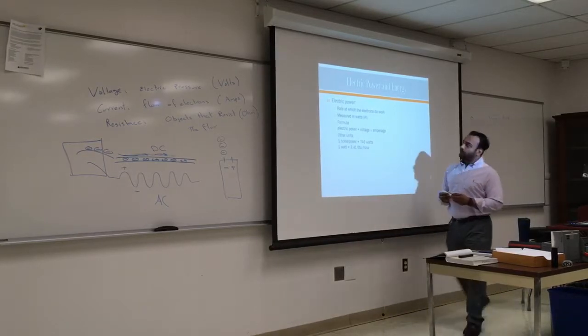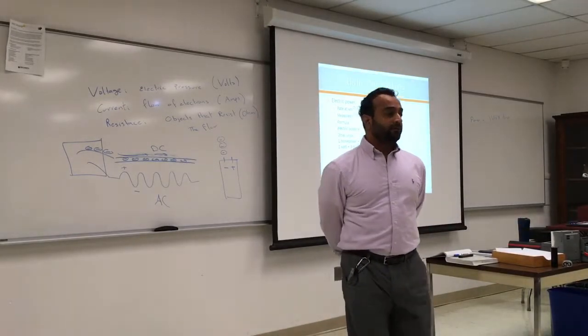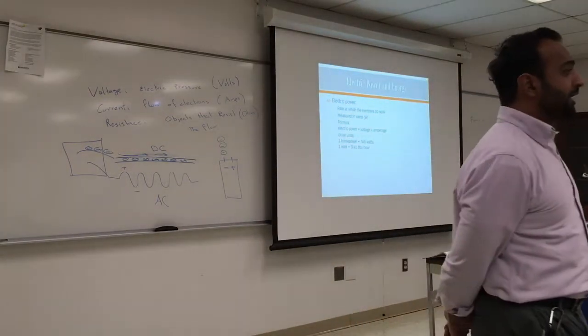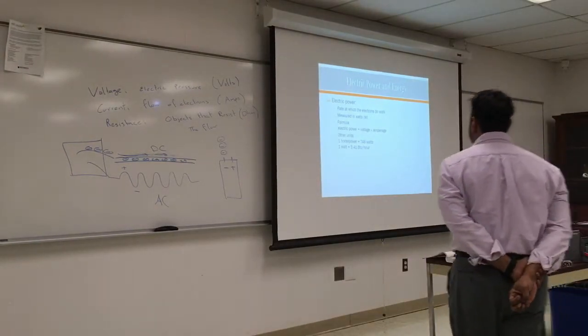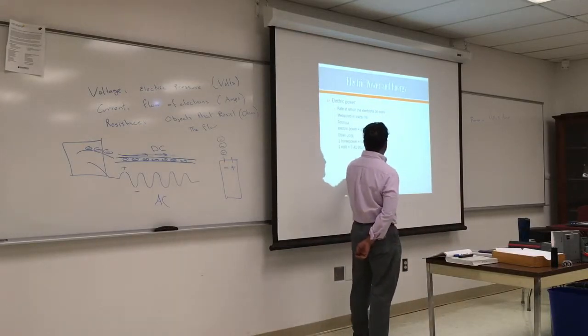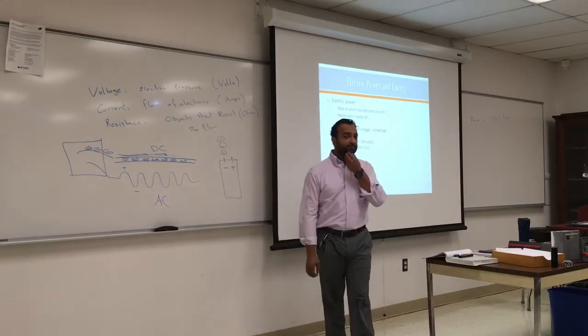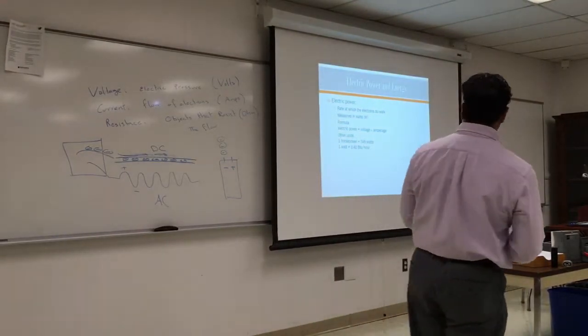So electric power is what you pay for at the end of the month. If you look at your electric bill, it will say kilowatts. And if you notice, when it comes to watts, watts has a time component in it. How much do I consume per second, per hour?